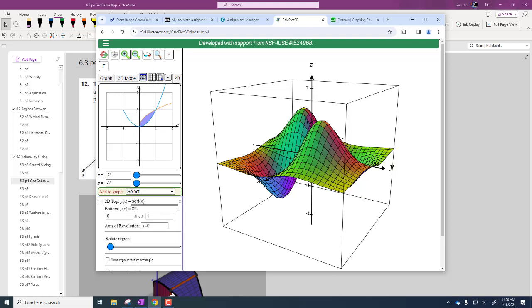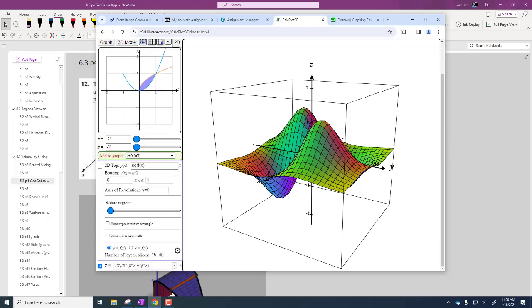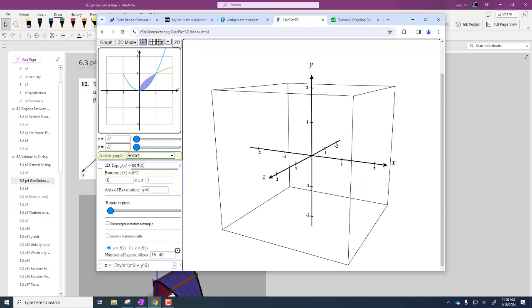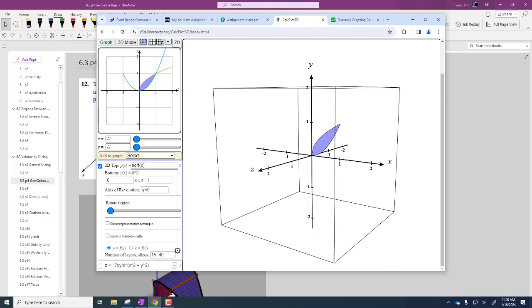And you can visualize how the solid of revolution is happening. I need to play with this a little bit more. I want to get that function gone, and then I want to turn on this 2D thing, which is up here. So now we're over there.